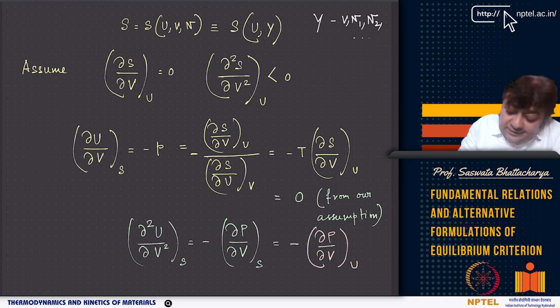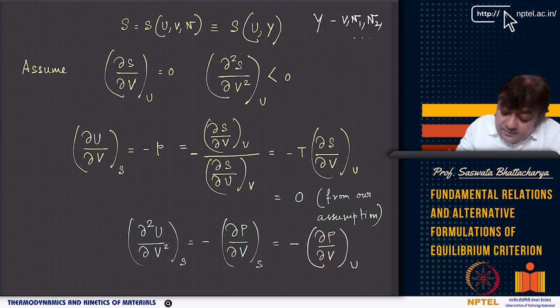Now what we are saying is S is a function of U, that is energy, and other variables like V, N1, N2, which we are lumping into this variable Y. So Y contains all these variables V, N1, N2 and so on.